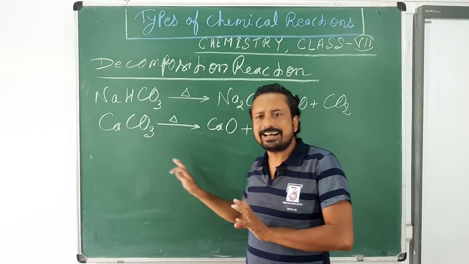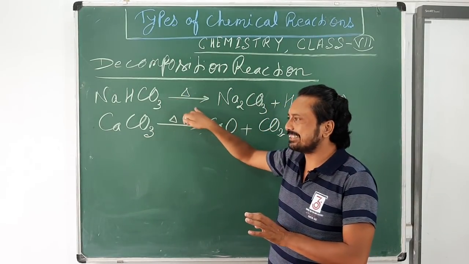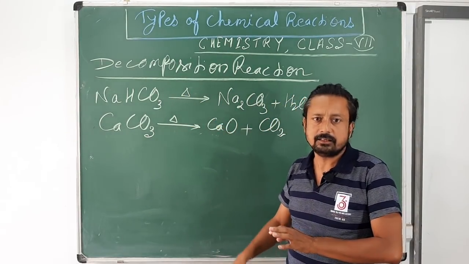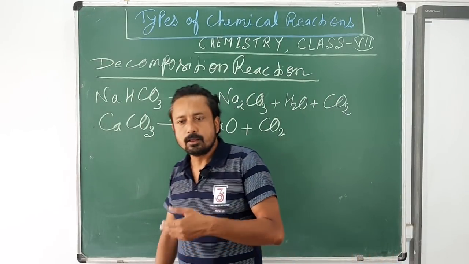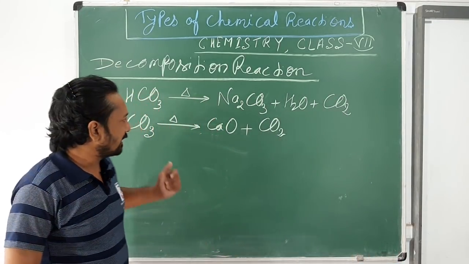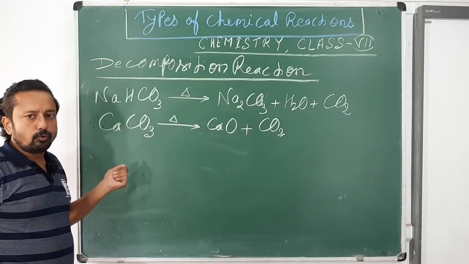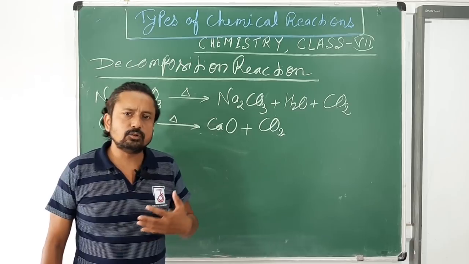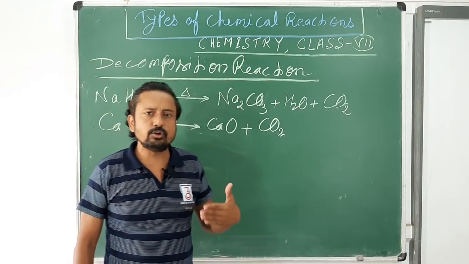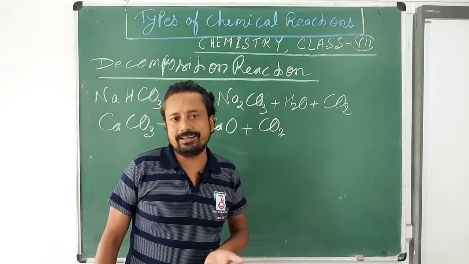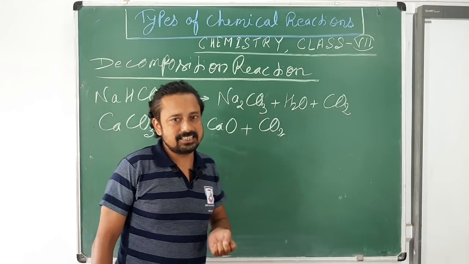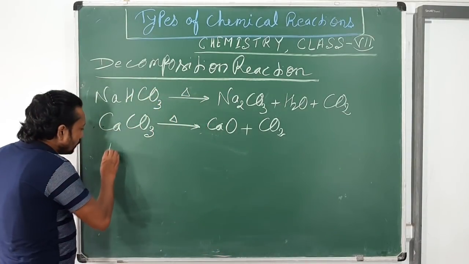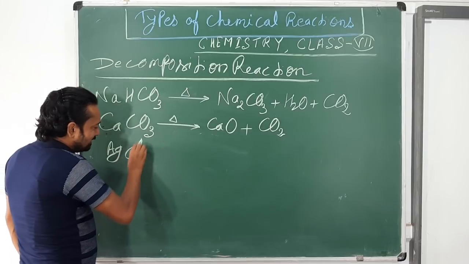If a decomposition reaction is completed by heat energy, then such decomposition reactions are thermal decomposition reactions. वैसे ही सेकंड वन जो हमारा है वो है photo decomposition reaction. So photo decomposition reactions are those in which decomposition undergoes due to photon particles or due to light rays. Like silver chloride AgCl.